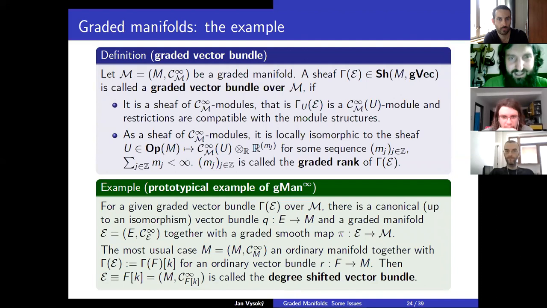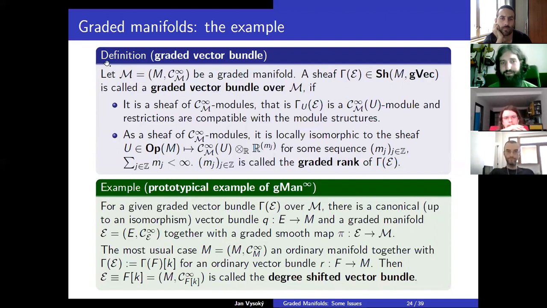Look at this example: basically this Batchelor theorem says that every graded manifold can be constructed from a graded vector bundle over an ordinary manifold.